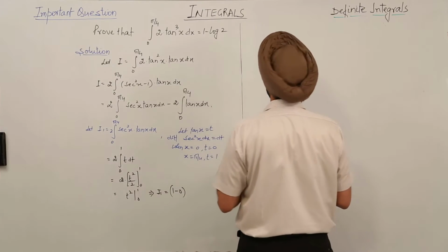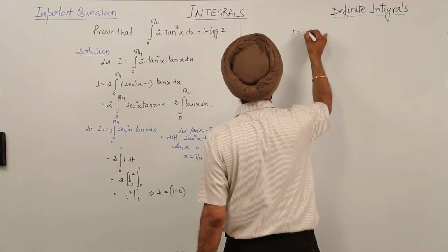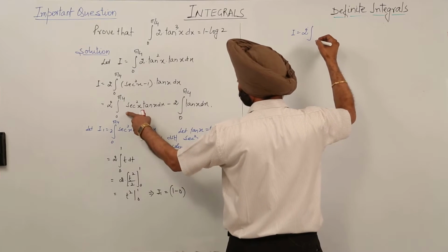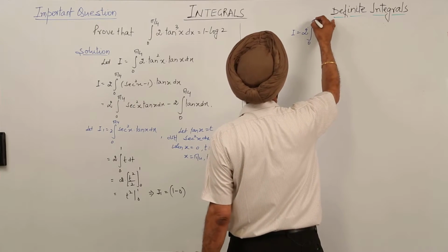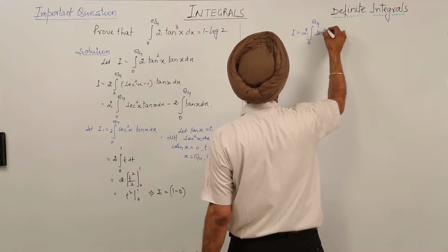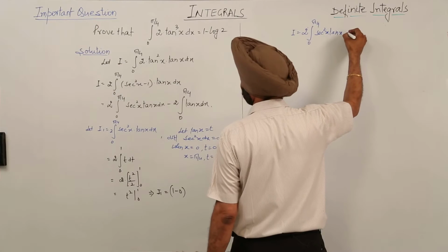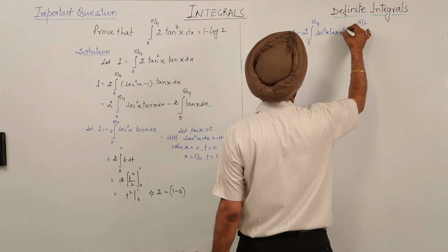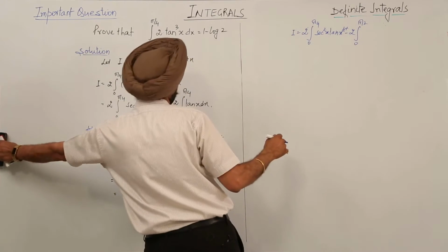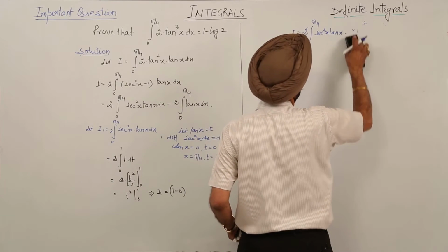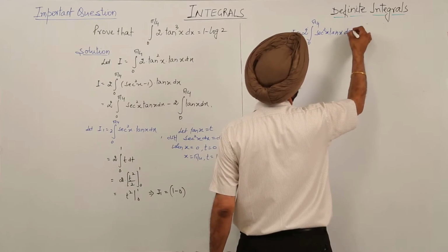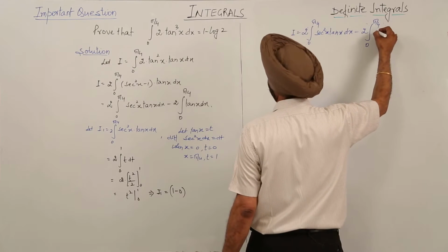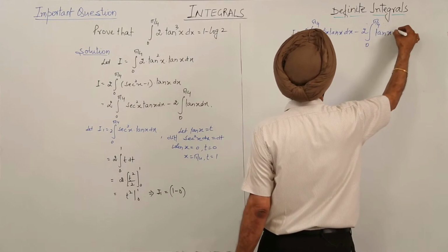Now again writing the question: the integration of 2 secant square x tan x from 0 to pi by 4, minus 2 times the integration from 0 to pi by 4 of tan x dx.